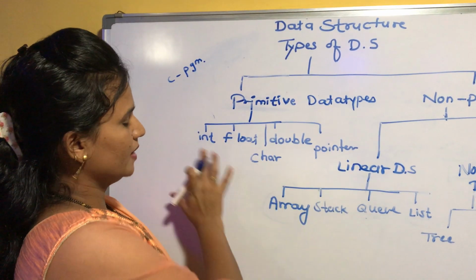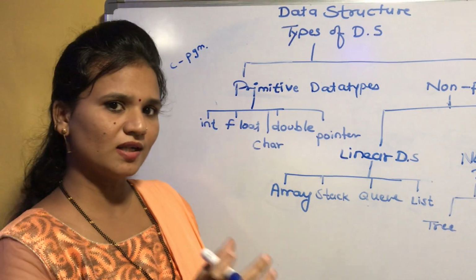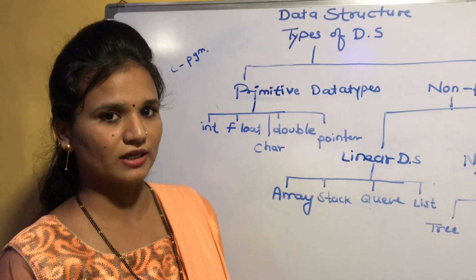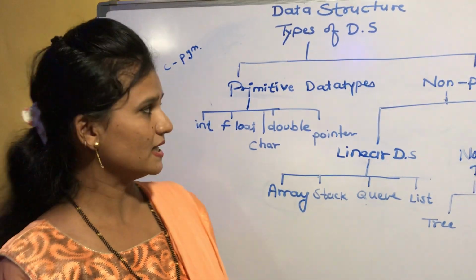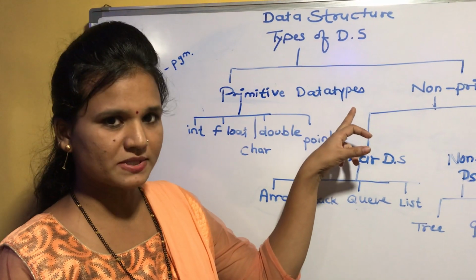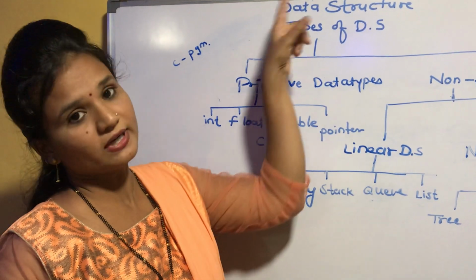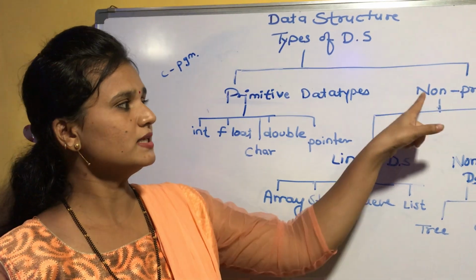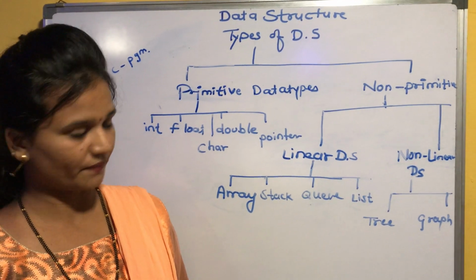What does it mean? It means it provides you a single memory location to store a data or to organize the data. That is nothing but primitive data types. That is nothing but primitive data structure. Okay.